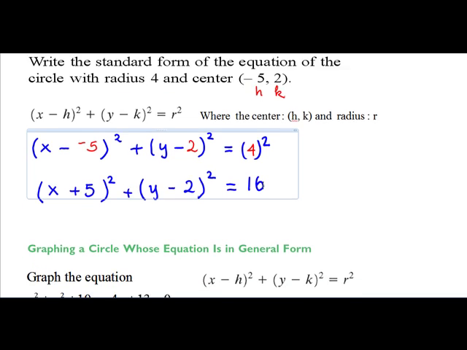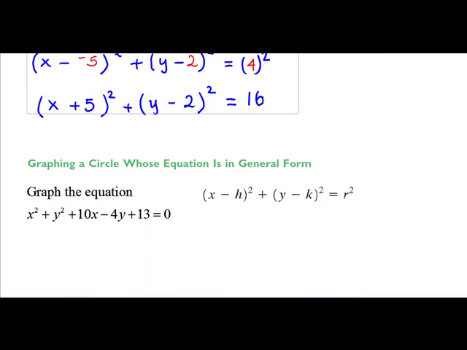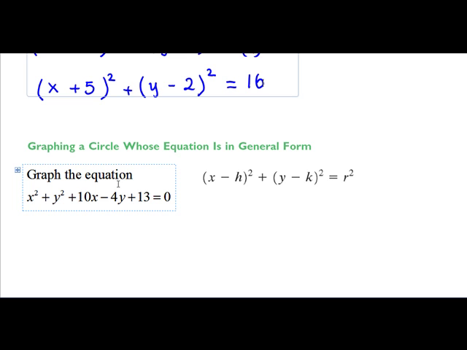Let's look at the second example. In the second example, they give us the equation of the circle in the general form, and they ask us to graph the circle. To graph the circle, you need the radius and the center. So that means we need to rewrite this equation to look like the standard form, where we can tell the radius and the center.